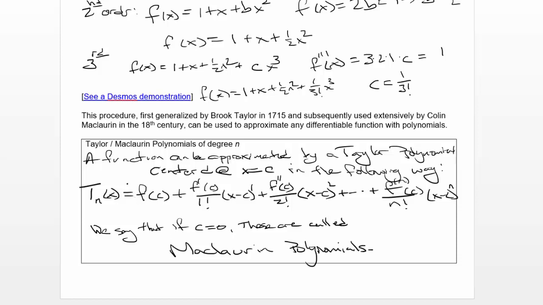So Taylor is the more general form. Specifically, if the center of your polynomial is 0, we call it a Maclaurin polynomial, named after Colin Maclaurin. So there's no difference in the creation of them. Just if we state it's a Maclaurin polynomial, that specifically means that this c term is exactly 0.